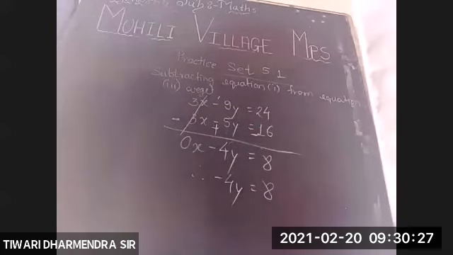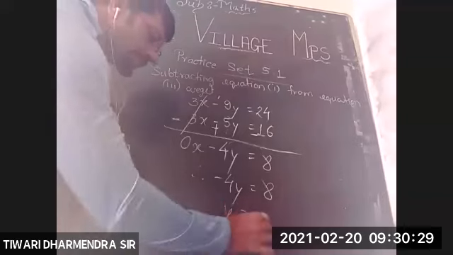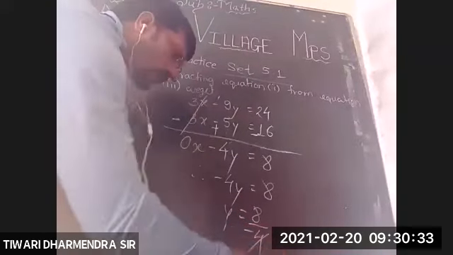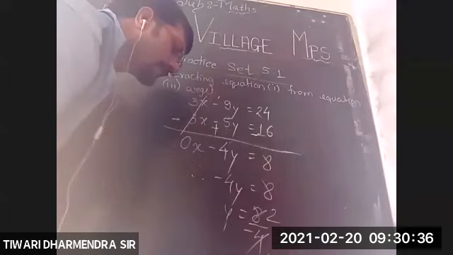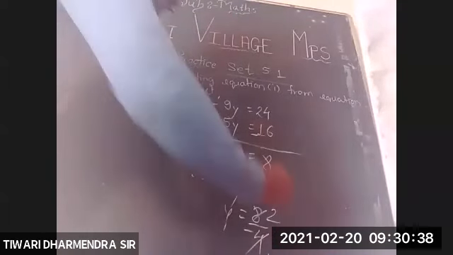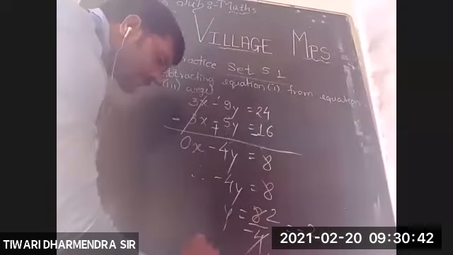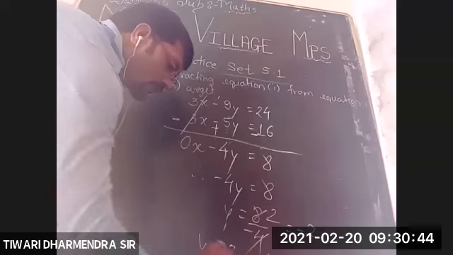Now I'm taking minus 4 to the right hand side. So 4 twos are 8, minus sign remains. So this is minus 2. So I got y as minus 2. y equal to minus 2.